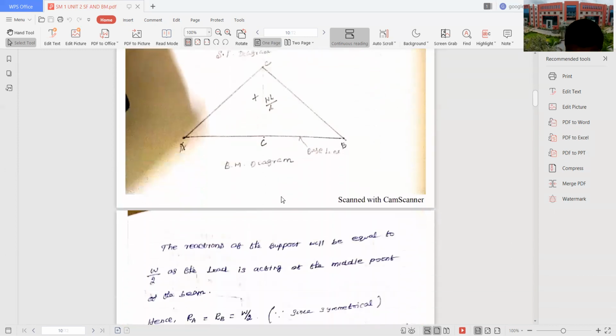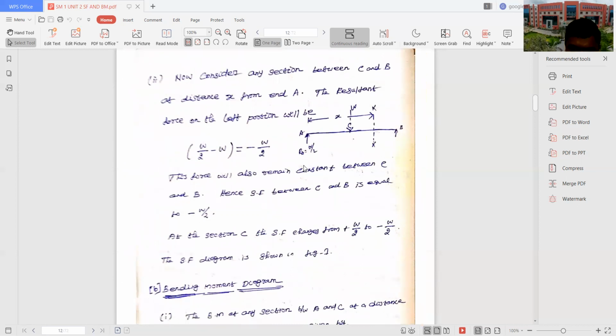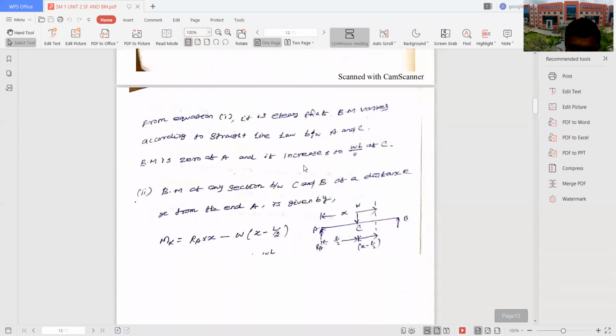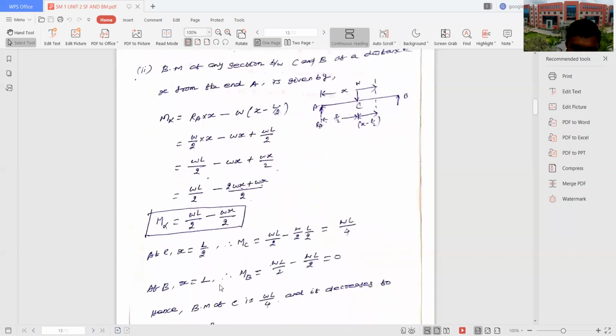Here you can see the bending moment value between C and B: the reaction into x, then minus W into the distance x minus L by 2. So W by 2 into x minus Wx plus WL by 2. If you simplify, you will get the equation for the moment at x.